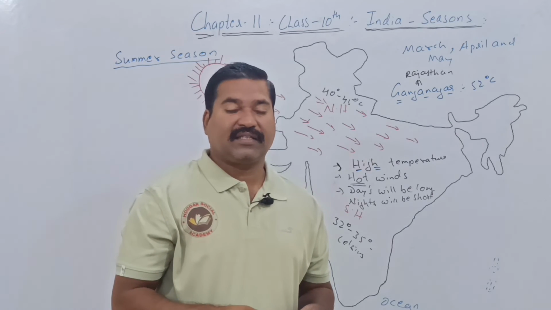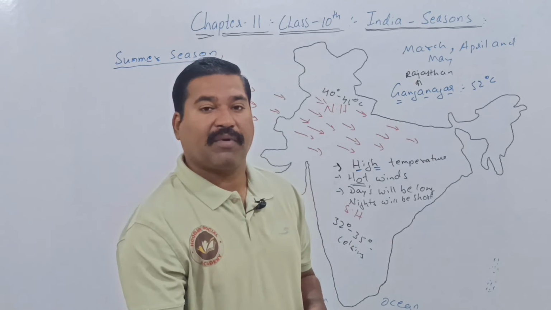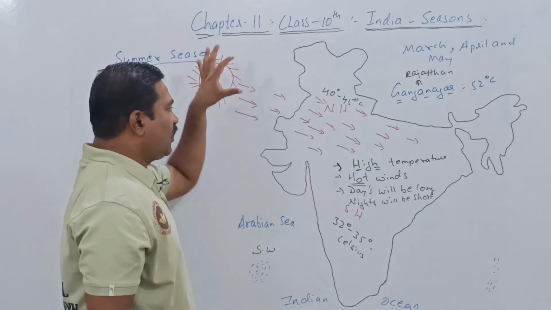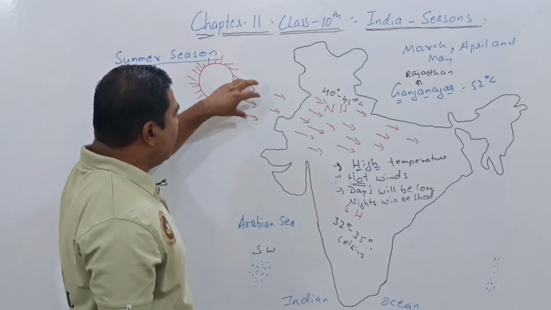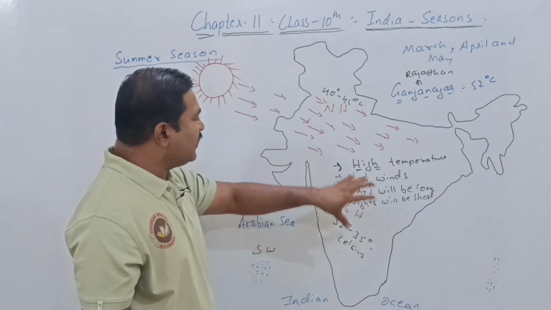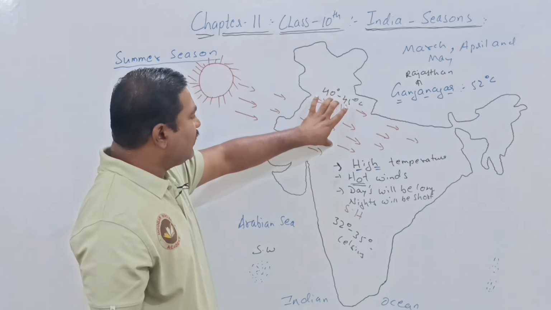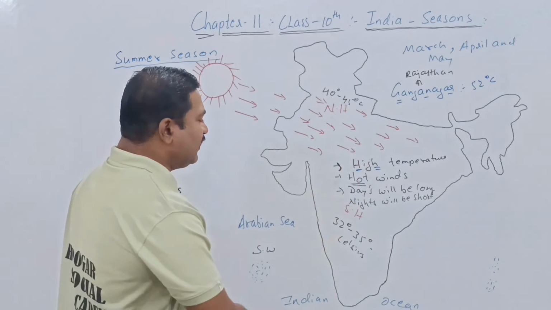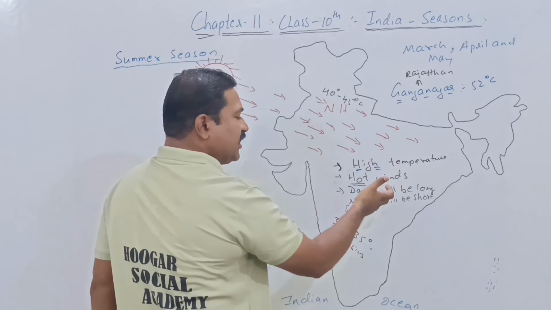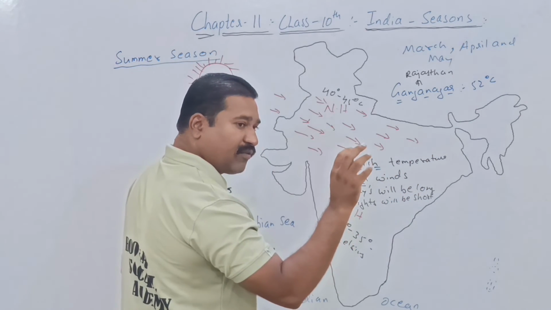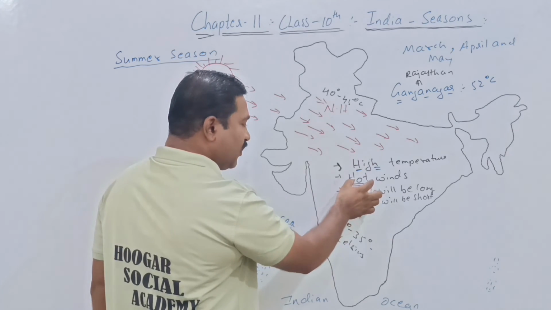So that is all about the summer season. What we have studied: the sun rays directly fall on the northern hemisphere compared to the southern hemisphere. Due to this reason, the temperature will be high in the northern hemisphere. When winds come into contact with the rays of the sun, they convert into hot winds.